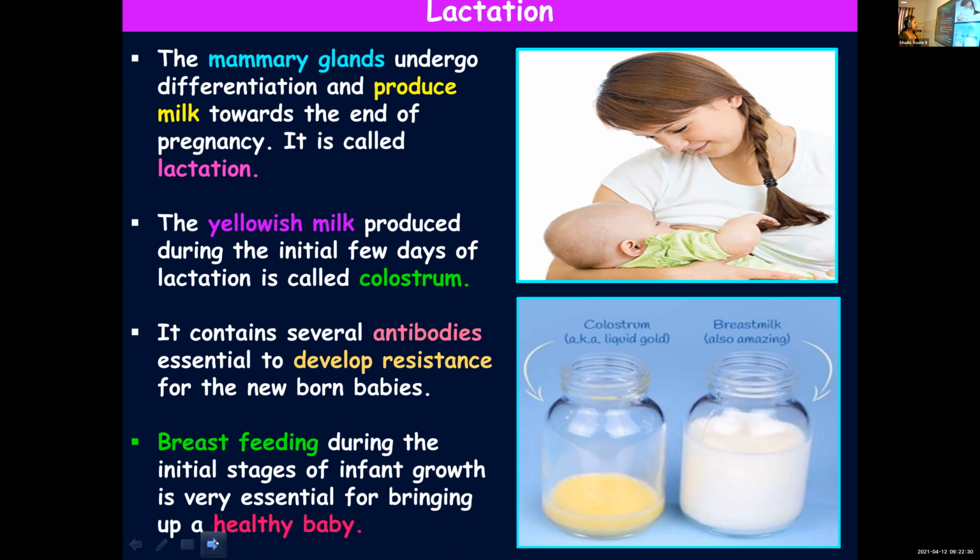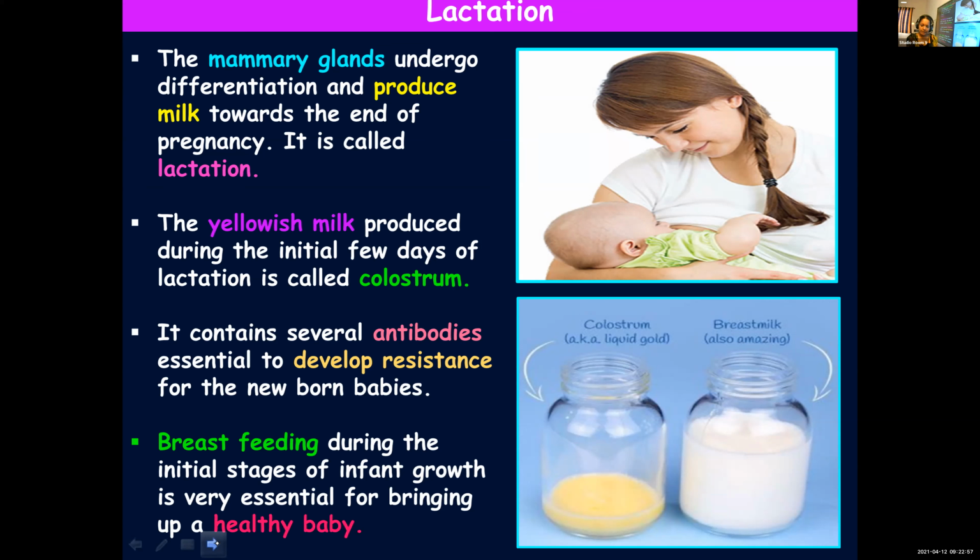Breastfeeding during the initial stages of infant growth is very essential for bringing up a healthy baby. This statement can be asked, and you can be asked to give the reason for that. So you can say that a yellowish colored secretion is produced during the first few days of lactation.